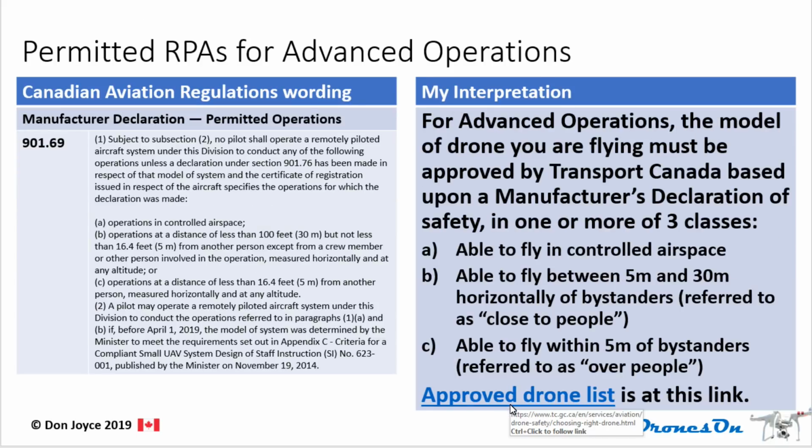Now, this is where it gets tricky with advanced operations. For advanced operations, the model of drone that you are flying must be approved by Transport Canada based upon what they call a manufacturer's declaration of safety. And that manufacturer's declaration of safety can be in one or more of 3 specific classes. Class 1, or A, is the ability to fly in controlled airspace.